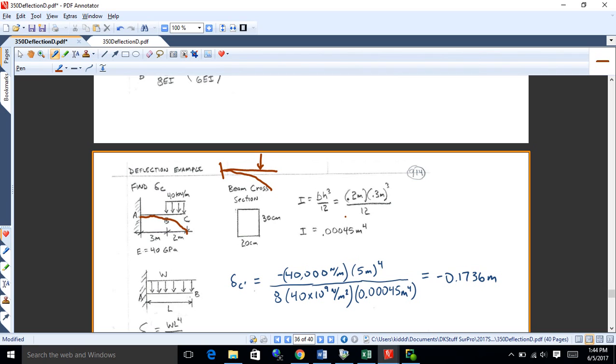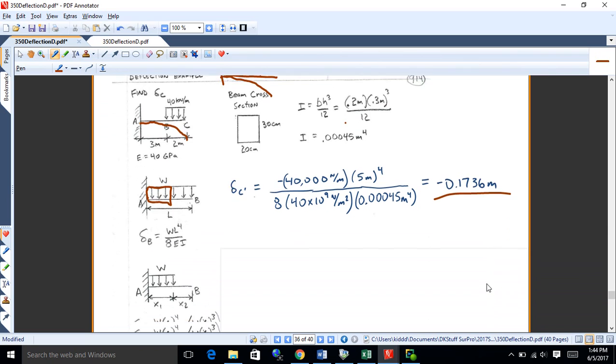Okay, so the next thing we're going to want to do here is figure out how we account for the lack of this, because that really isn't occurring, right? I've got to take that away. The actual deflection is going to be less than negative 0.1736.